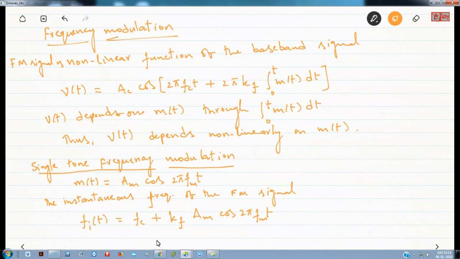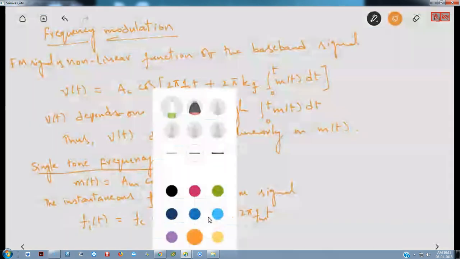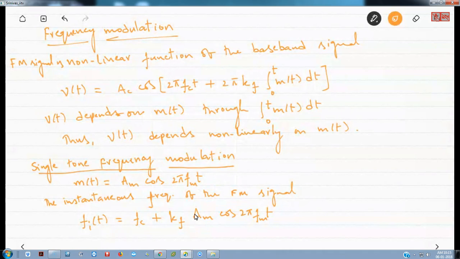So we defined frequency modulation as we vary the frequency of the unmodulated carrier as k_f into m of t. So m of t here is A_m cos 2 pi f_m t.